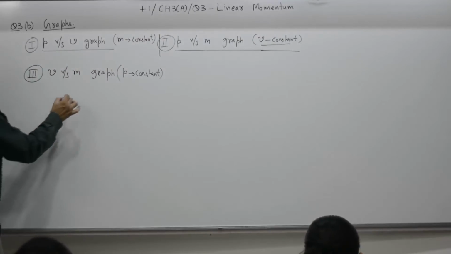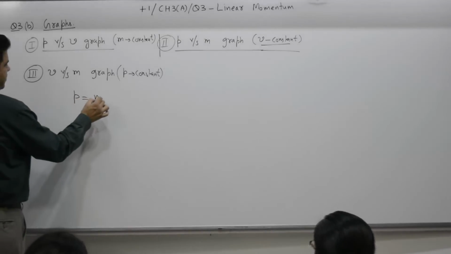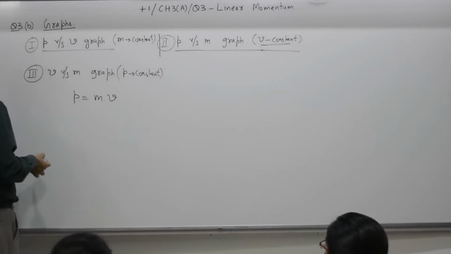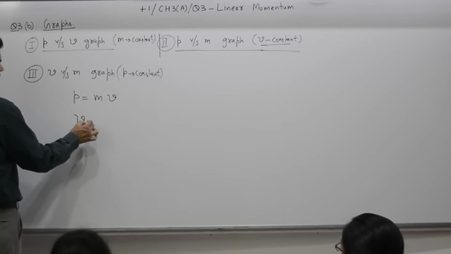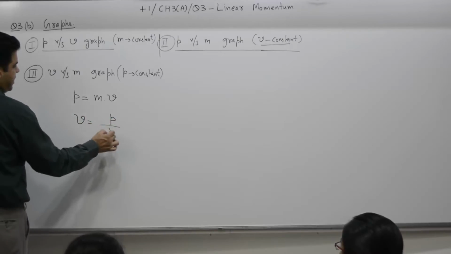Formula, first step: P is equal to mv. V is equal to P by m.